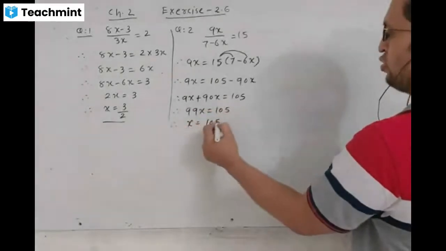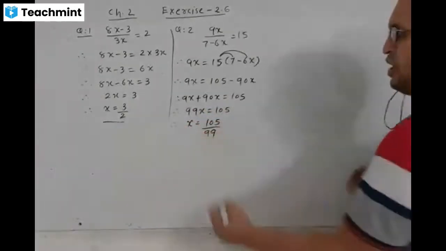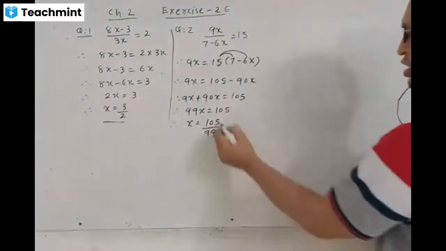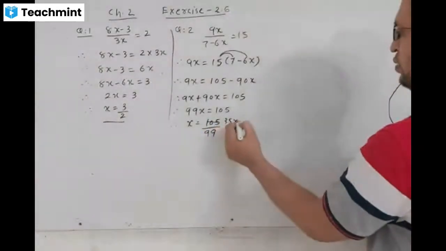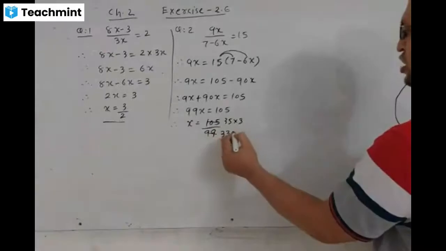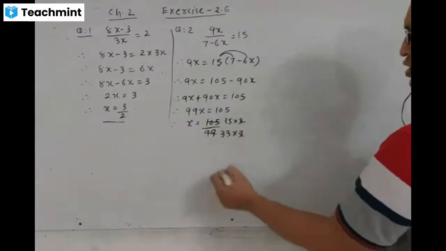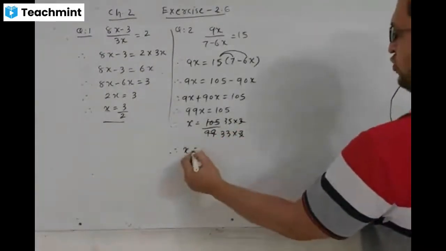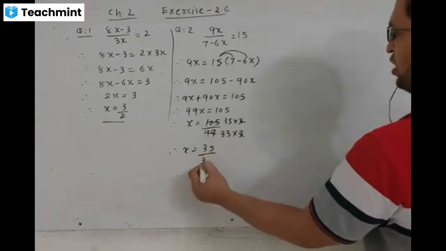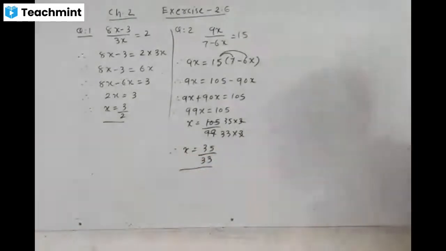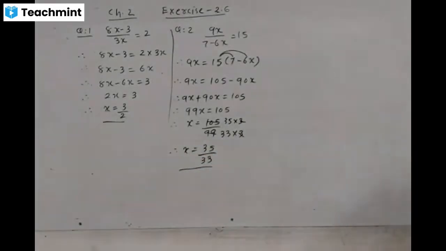Therefore x is equal to 105 divided by 99, and that number is 35 multiply 3, and 33 multiply 3. 3 cut. Therefore x is equal to 35 divided by 33. Okay. The final answer is 35 by 33.